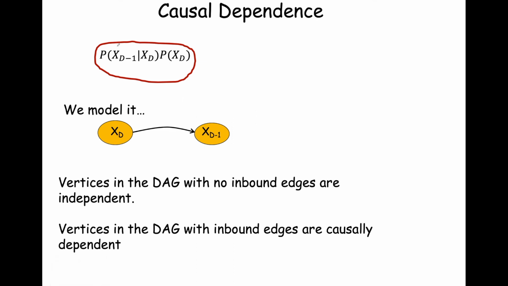And so here, if we're going to represent this probability of xd minus 1 given xd times probability of xd, we'd have our node for xd. There's no inbound edge. It's not conditioned on anything. And we draw an inbound edge to xd minus 1. And so vertices in the DAG with no inbound edges are independent, whereas vertices in the DAG with inbound edges are so-called causally dependent on one another. So that means xd minus 1 is causally dependent on xd.